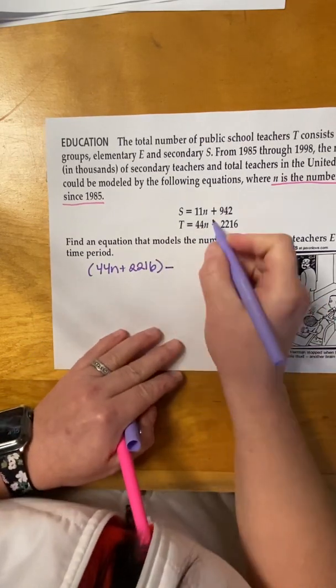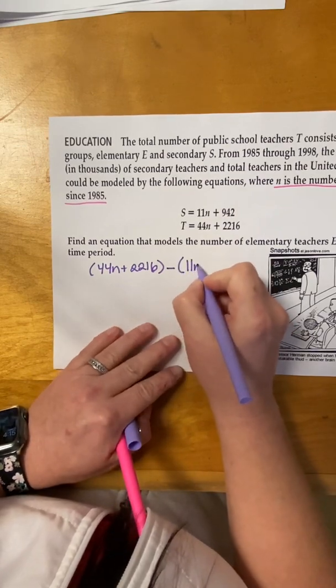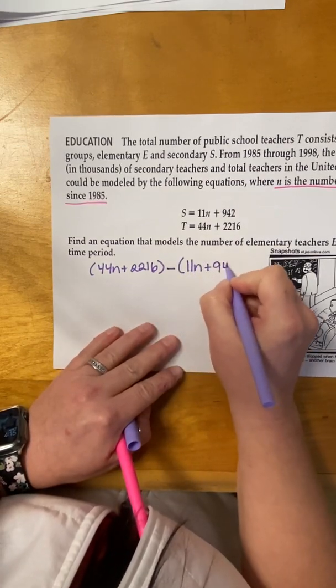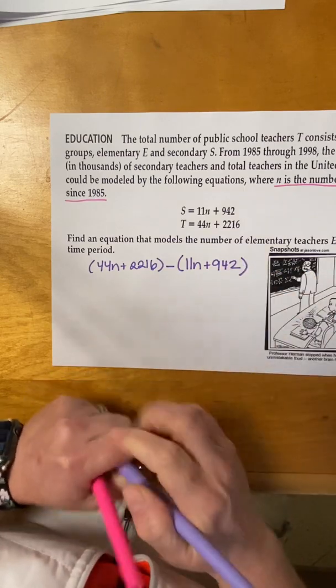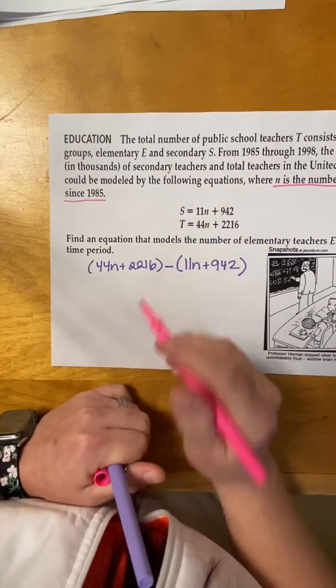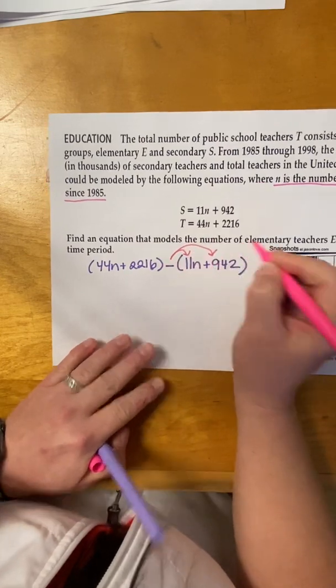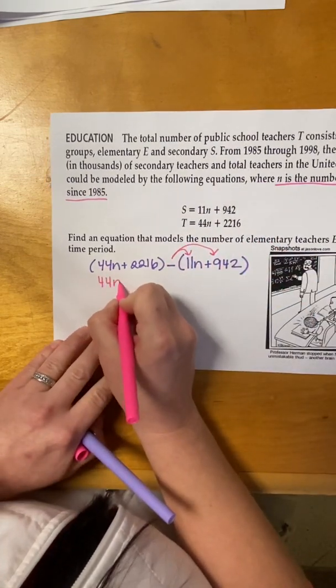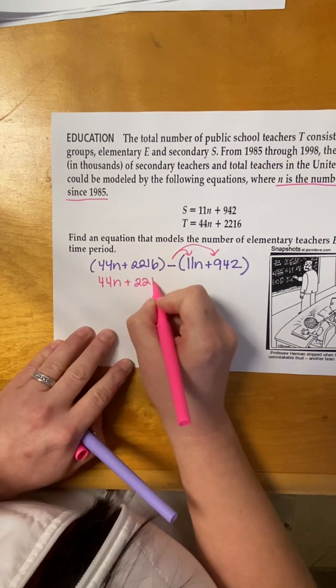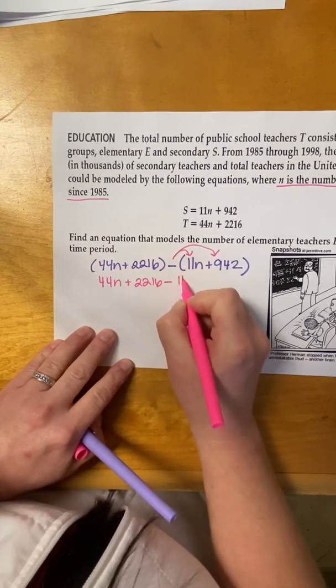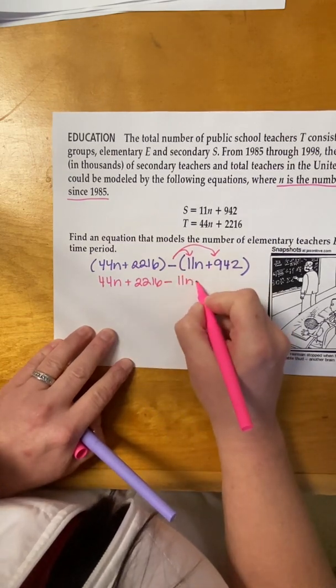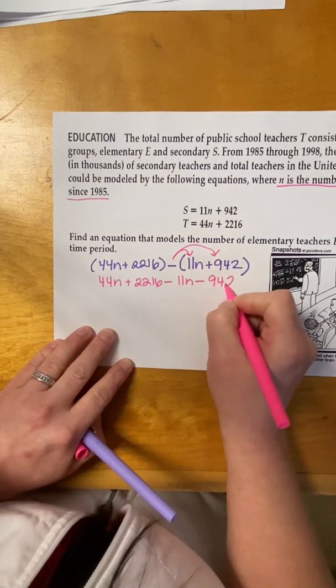We'll subtract the number of secondary teachers, which is 11N plus 942. And let's see what happens. So we're subtracting. You know what? This time I'm going to distribute the negative. So I'll have 44N plus 2,216 minus 11N. A negative positive is a negative 942.